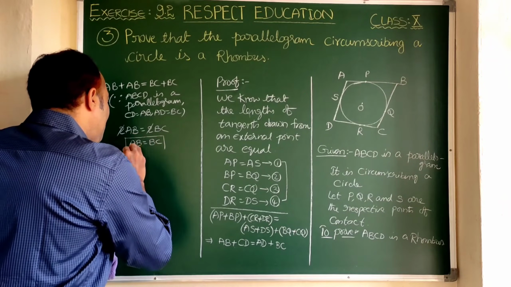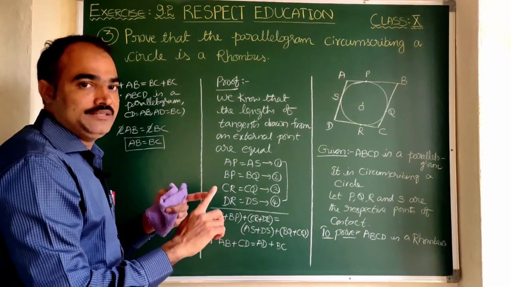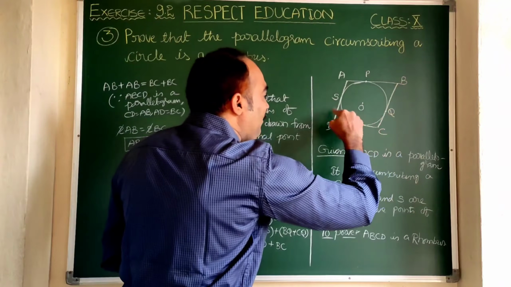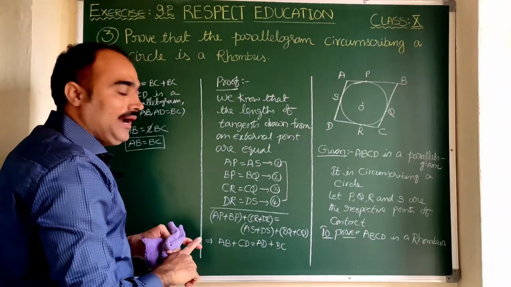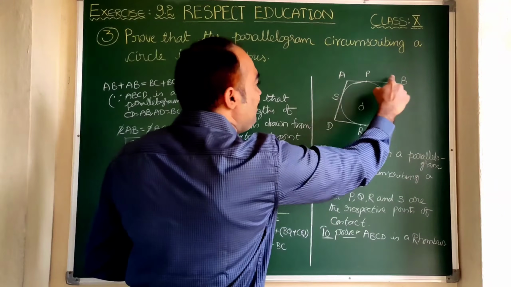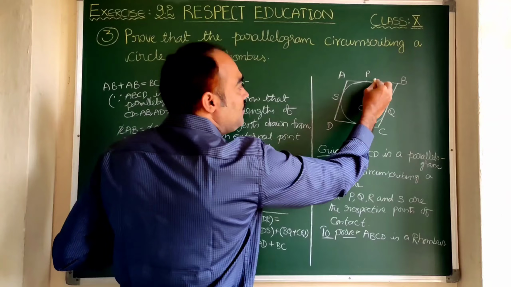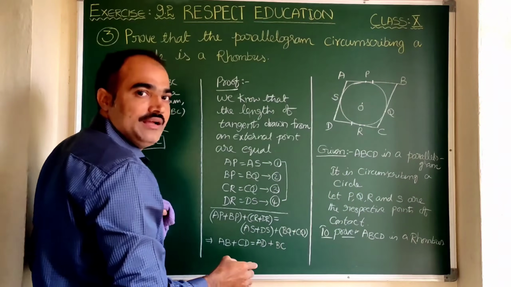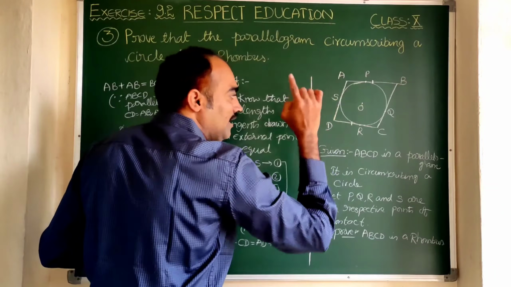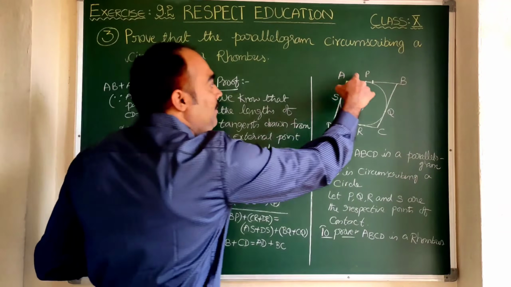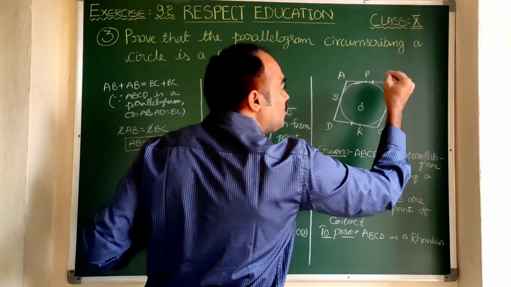Here you observe, two things are to be merged. What are those two things? ABCD is a parallelogram and also we got AB equal to BC. That means when ABCD is a parallelogram, AB is equal to DC because opposite sides are equal. Just now we got that AB is equal to BC also.